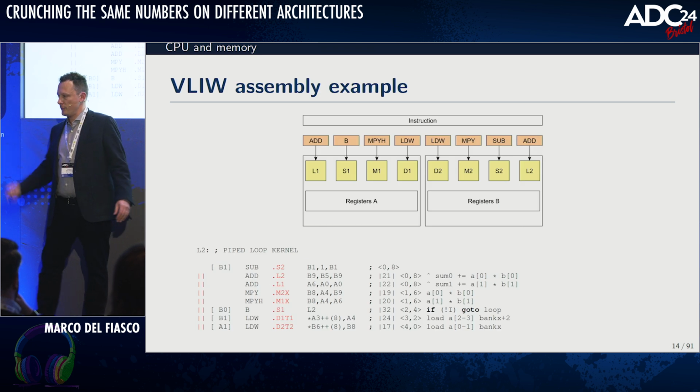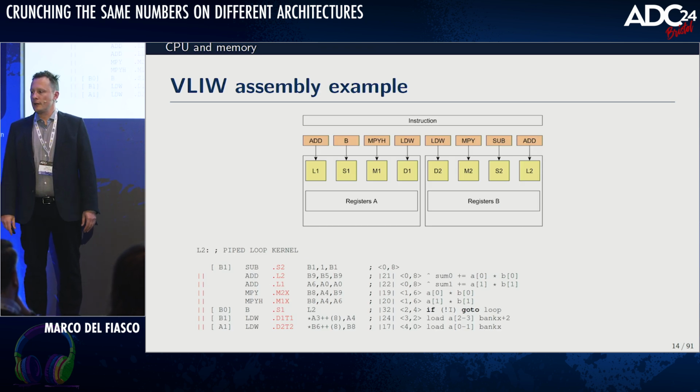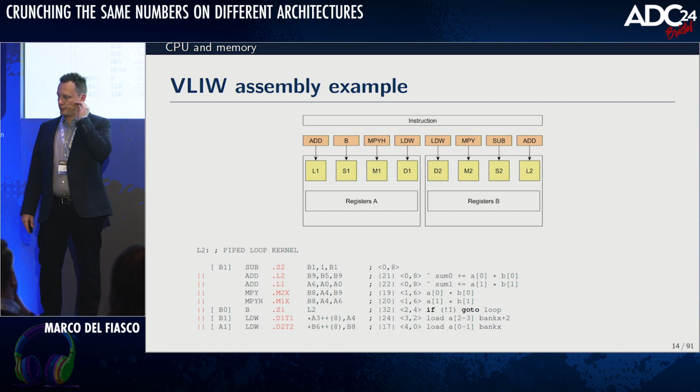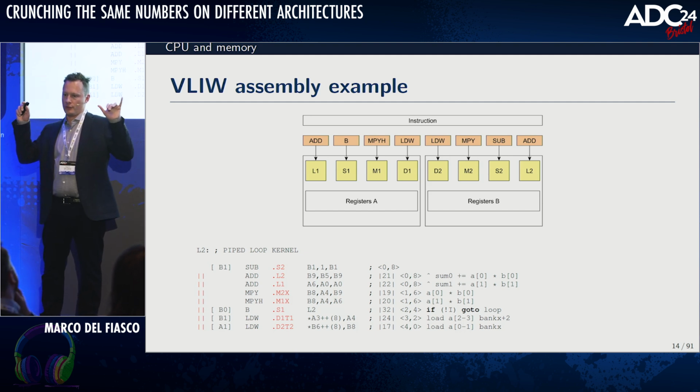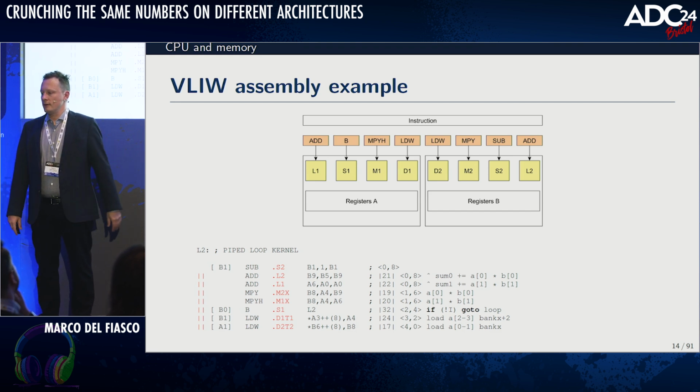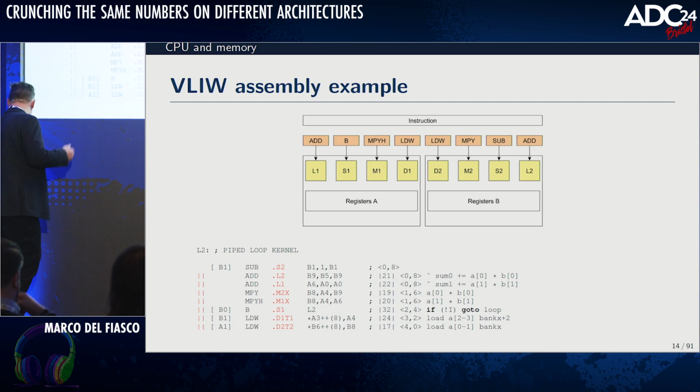Let me give you an example. This is a very long instruction word processor from Texas Instruments. They have 2 sets of 4 functional units. So the programmer needs to tell each instruction where it is executed. For example, the sub instruction is executed in the S2 unit.